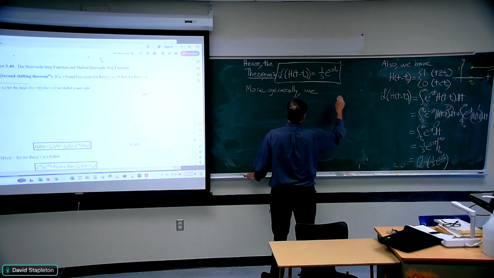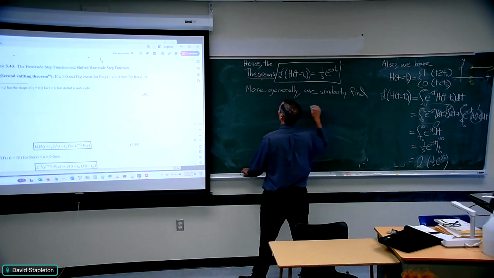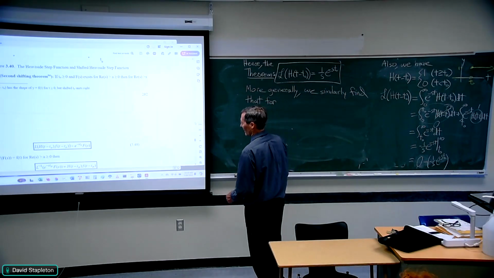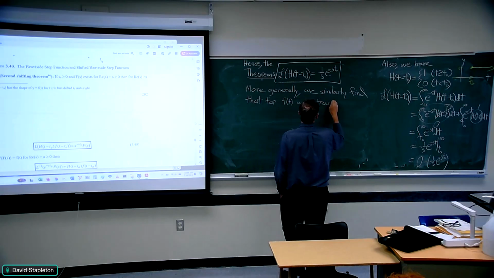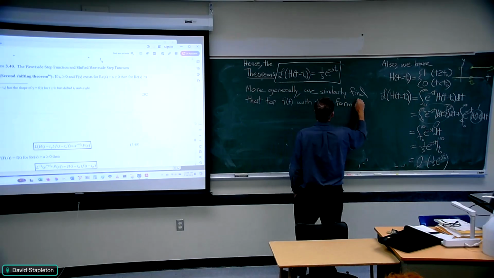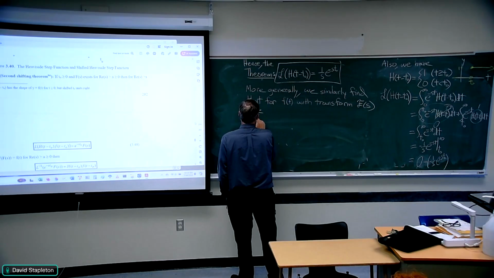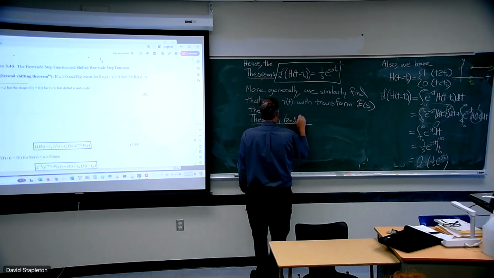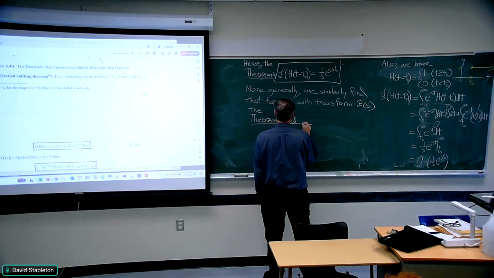We similarly show, by breaking up into two pieces like that, we can do the proof of this one if you want, that for f of t with transform f of s, the second shifting theorem, the difference is that this one is going to shift t instead of shift s, so it's shifting the t coordinate, which is a real variable.